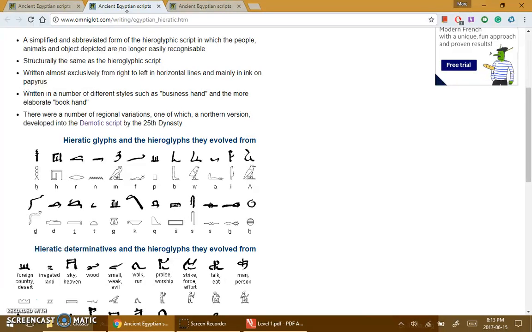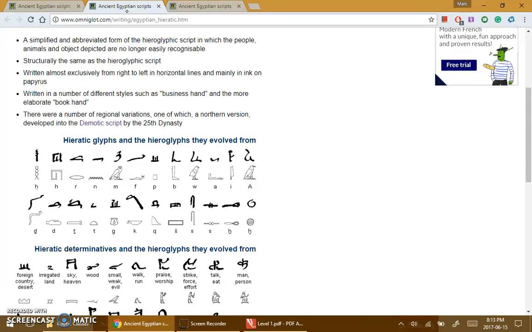It's simply a simplification of every single figure that exists in the hieroglyph. So they simplified it in a way that you can probably do it in one stroke, even if you don't have any artistic talent. You just see how a simple figure like this just became this letter.